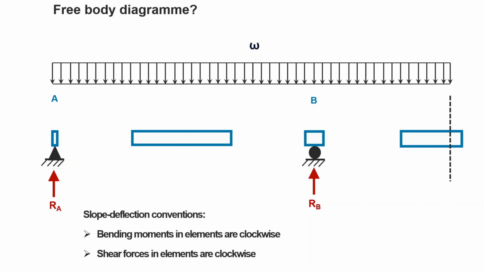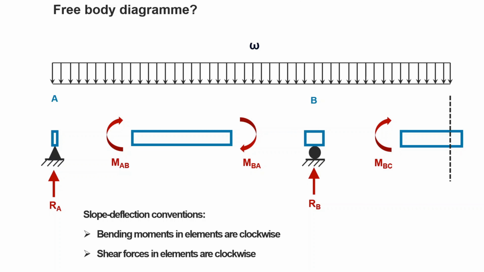And always we have a convention for the slope deflection that the bending moments are clockwise. So as you see, I put the red bending moments clockwise, all of them. MAB means the moment of the element AB, but at the end of A. And MBA means the internal moment of the element BA, which is obviously the same as element AB, at the end of B of that element.